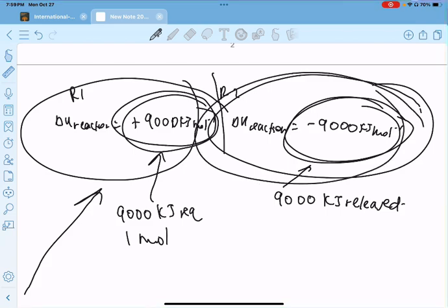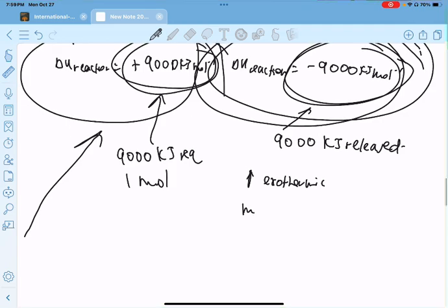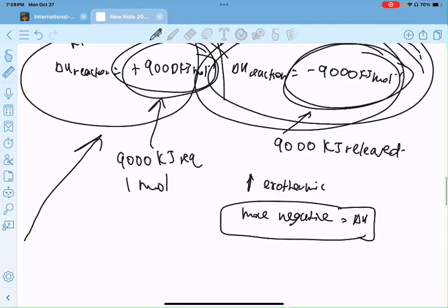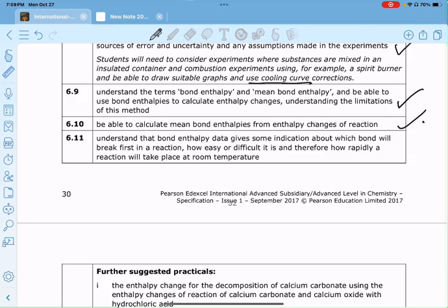Here, this is the energy released. So exothermic reactions are always more likely to occur, and the more exothermic, by this I mean the more negative the enthalpy change is, the easier it is for the reaction to occur. Okay, so that is that.